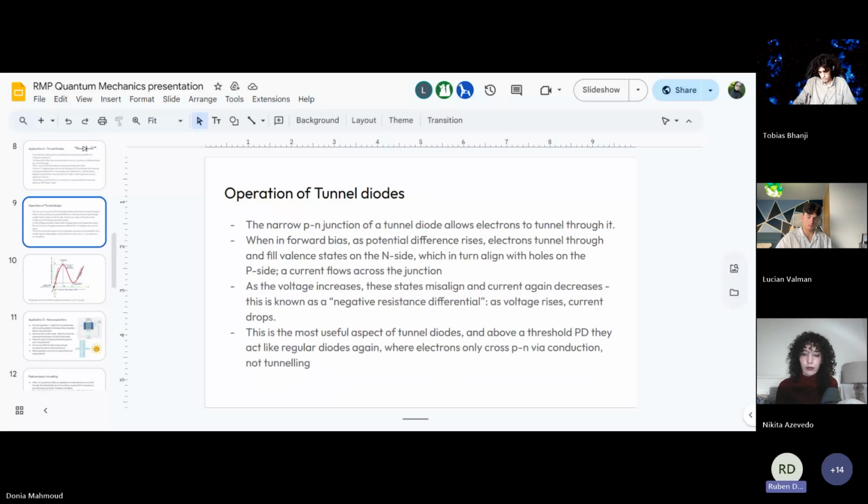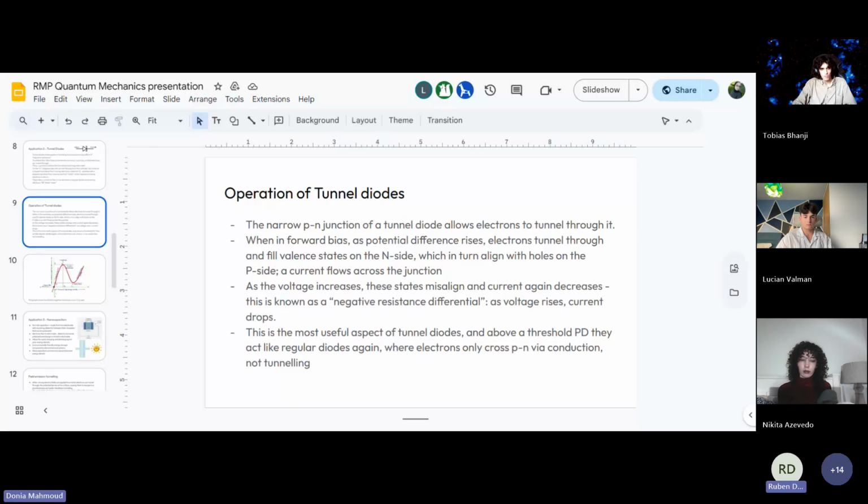So the narrow PN junction of a tunnel diode allows these electrons to tunnel through it. When in forward bias operation, as the potential difference increases, the electrons can tunnel through and fill the valence states on the N side, and these align with the P side, where the holes are, and the current can then flow through the junction.